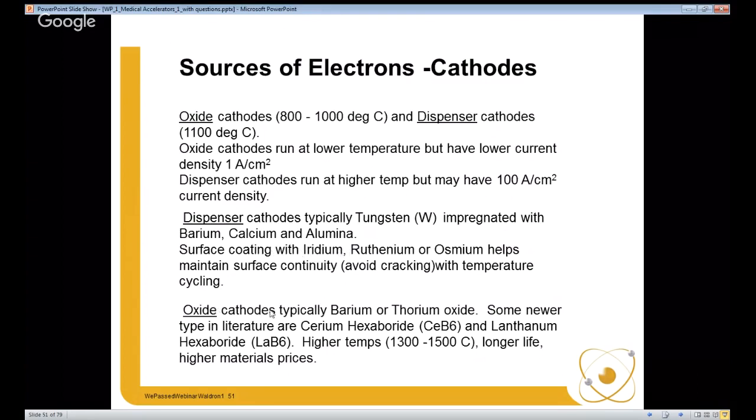Oxide cathodes, strictly speaking, are usually barium or thorium oxide. Newer ones are made of these exotic cerium hexaboride and lanthanum hexaboride. They operate at much higher temperatures, longer life, higher materials prices. For our medical LINACS, we're here in the tungsten and oxide and dispenser range of cathodes.